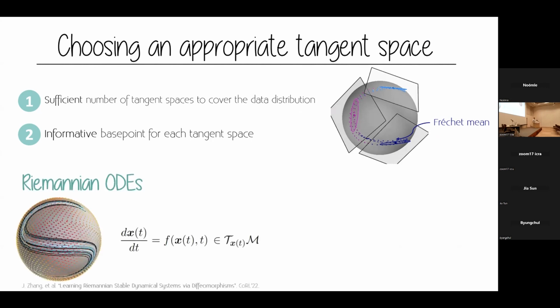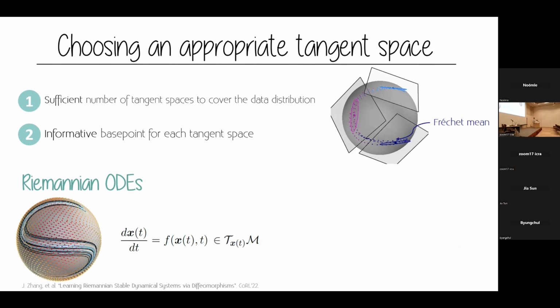Then there is something that relates a lot to solving Riemannian ODEs, for example, for first order dynamical systems. Some of the approaches need to roll out an ODE on a Riemannian manifold, and there are different ways to do this.